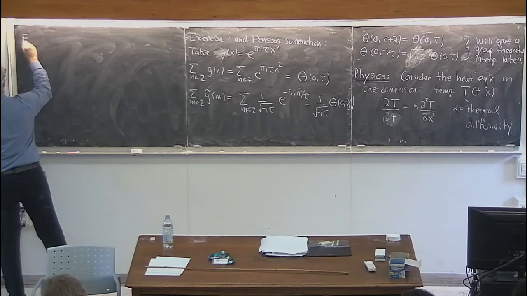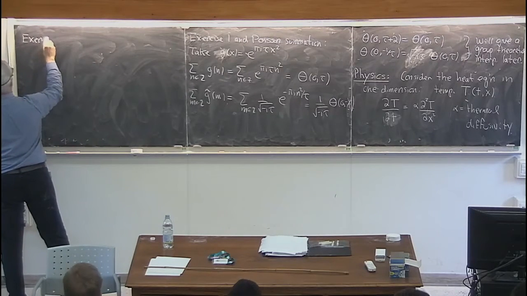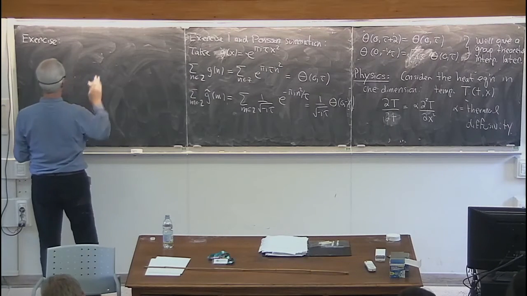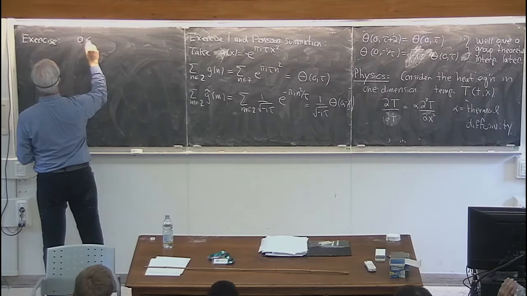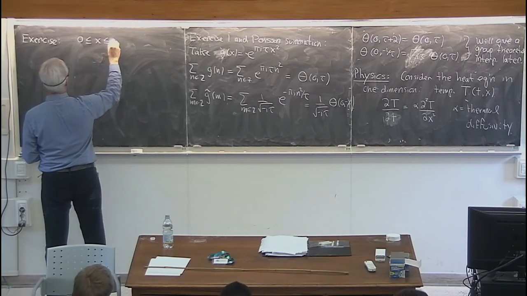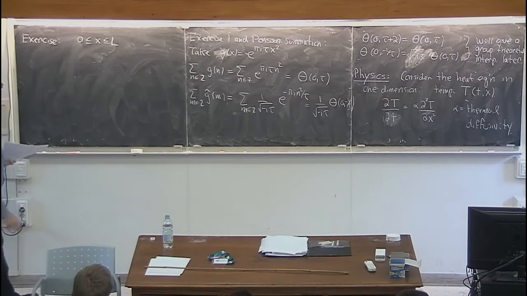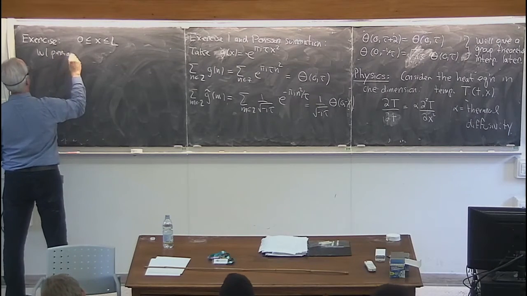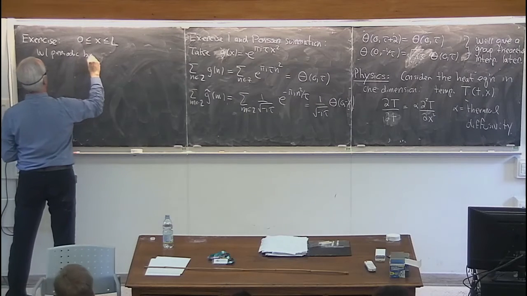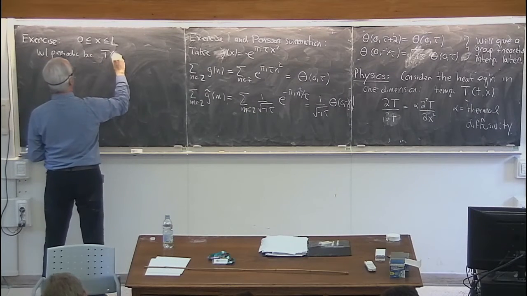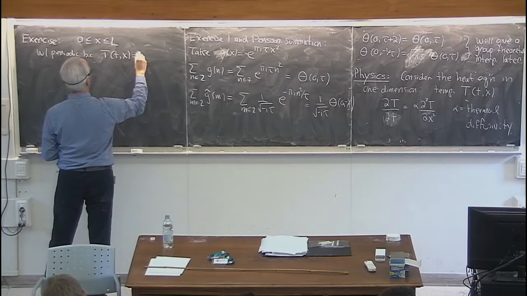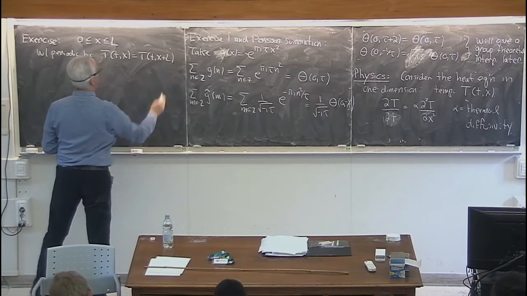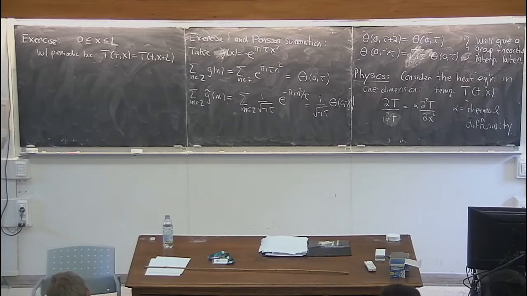So here's another exercise. I think I've lost track of the numbering. But do this on a line segment, x between 0 and L with periodic boundary conditions, so that the temperature is periodic with period L, or it's the same at the beginning as at the end.